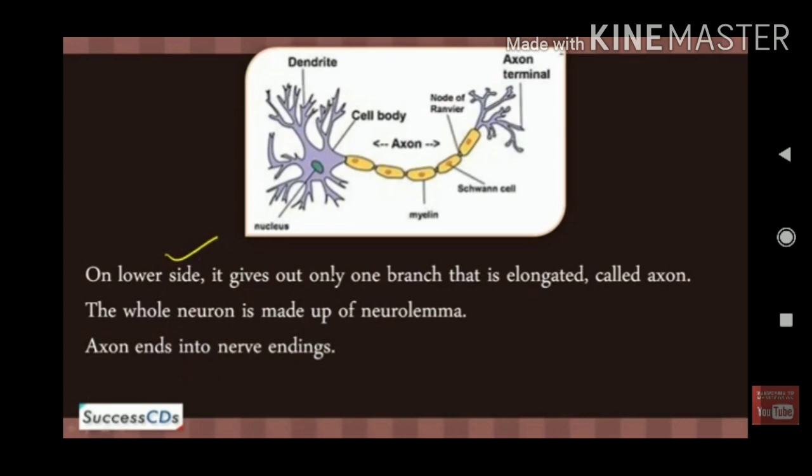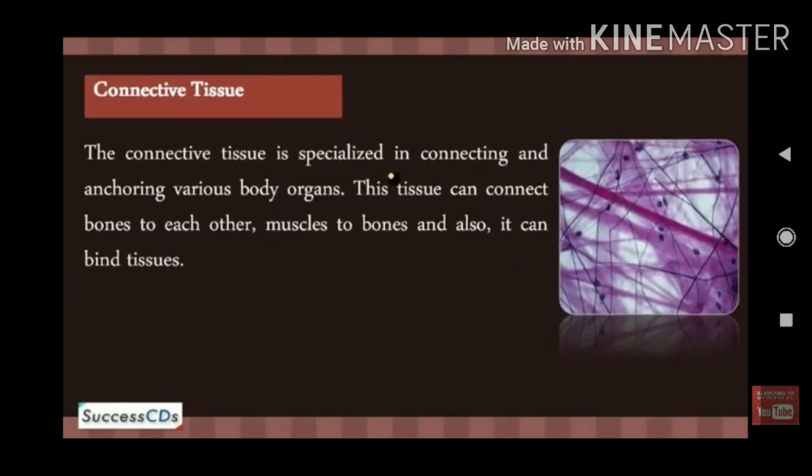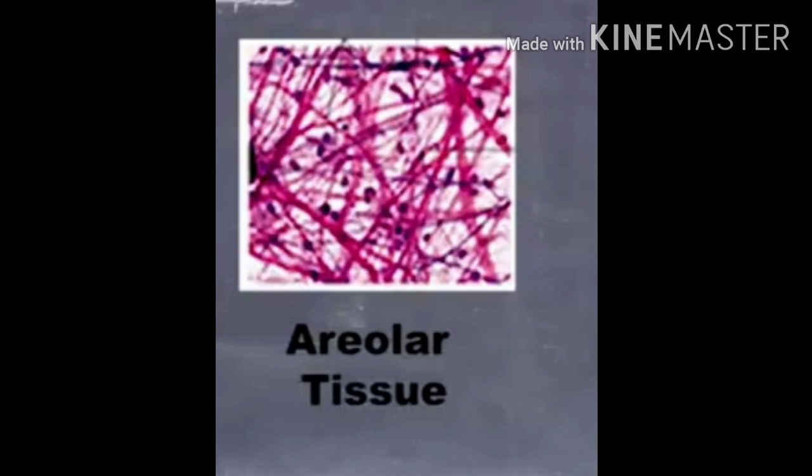So, now you understand the structure of the neuron. Next, we will see the last tissue, that is connective tissue. The connective tissue consists of collagen fiber, elastin fiber and fibroblast cells.